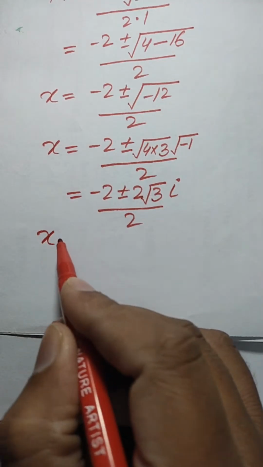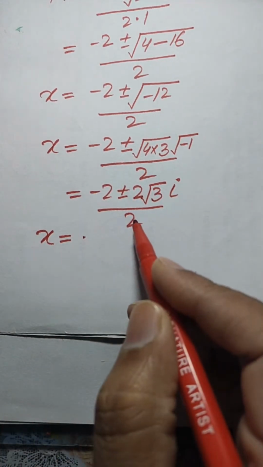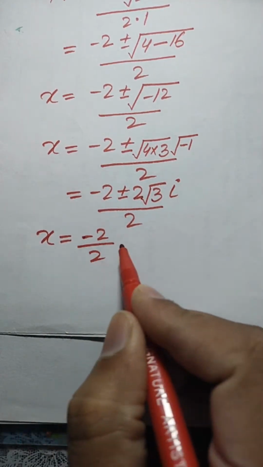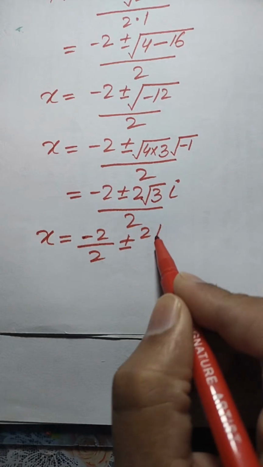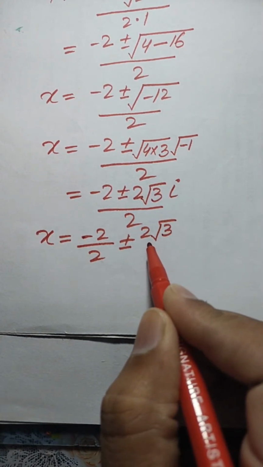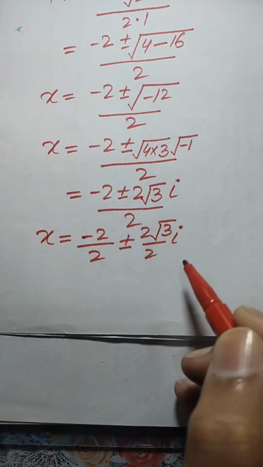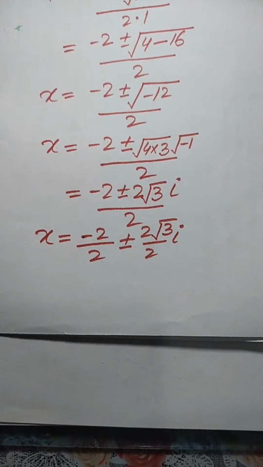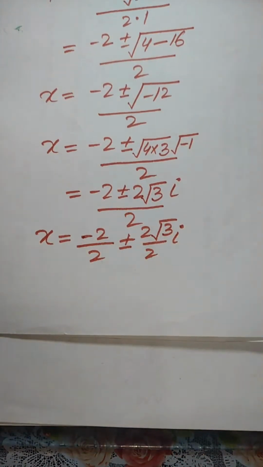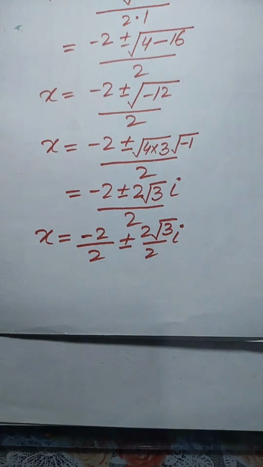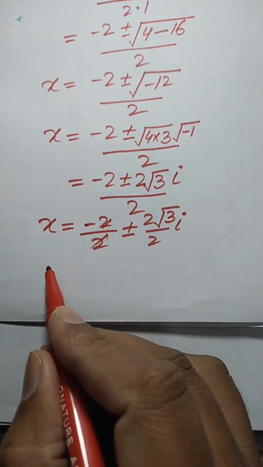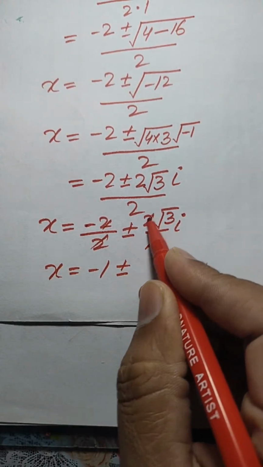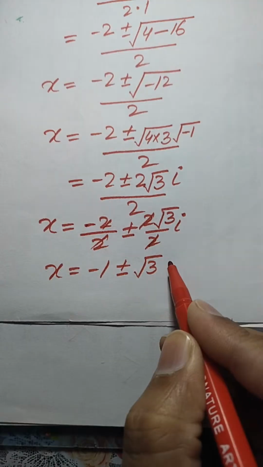So here we will get x is equal to, now we need to break this fraction: minus 2 divided by 2 plus minus 2 times square root of 3 divided by 2 times iota. So these are cancelled out by each other, and we get x is equal to minus 1 plus minus, this 2 is cancelled out by this 2, and we get square root of 3 into iota.